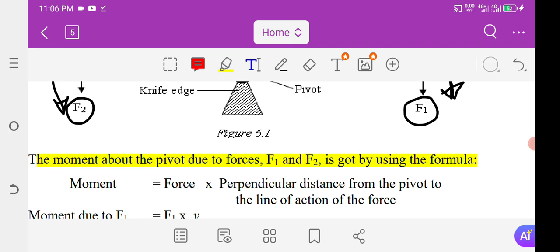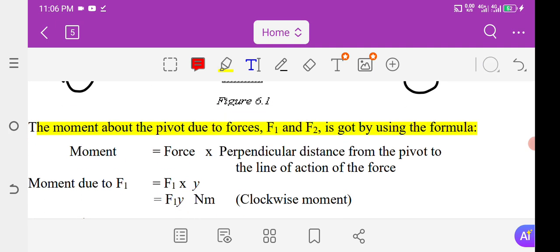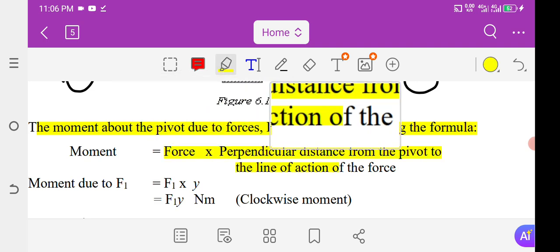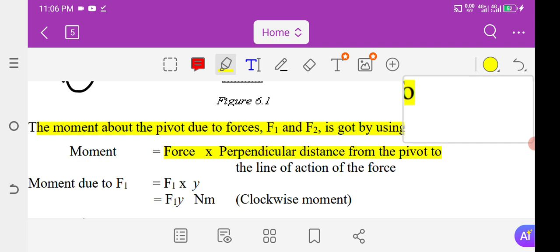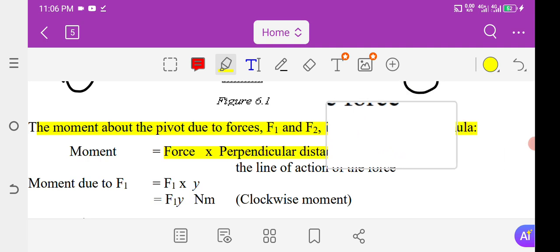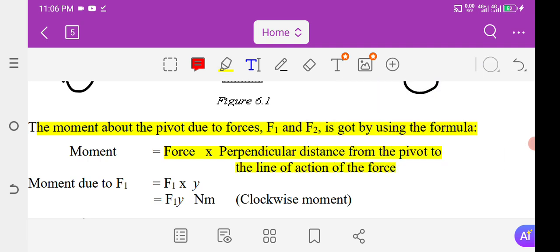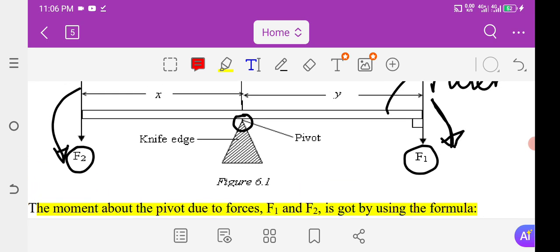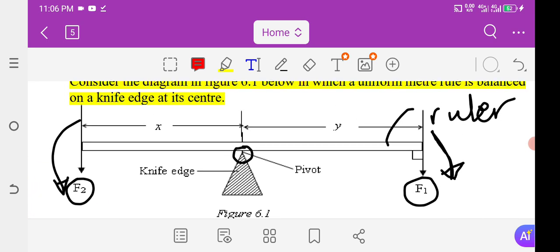Pay attention. Moment is simply equal to force multiplied by the perpendicular distance from the pivot to the line of action of the force. This line is called the line of action.